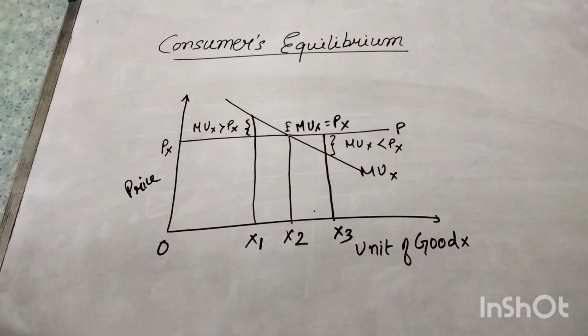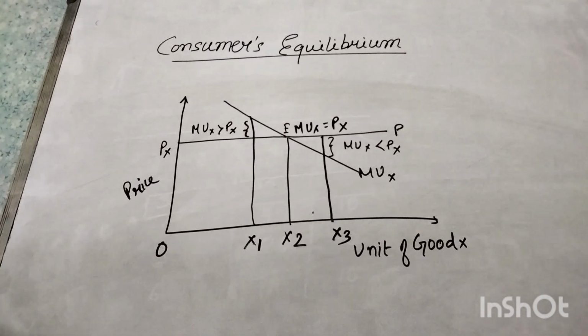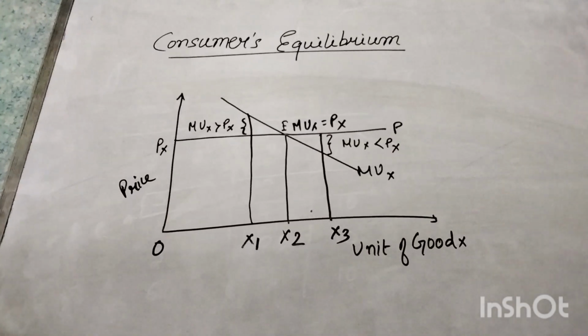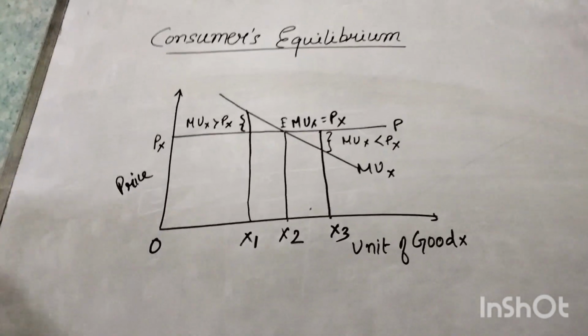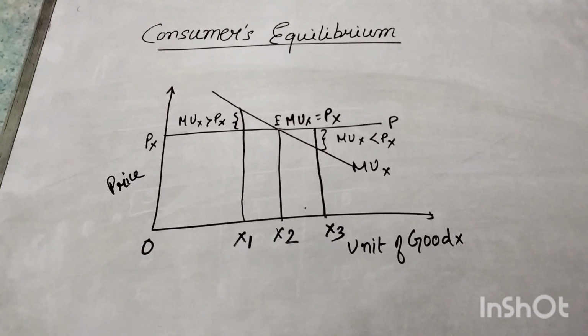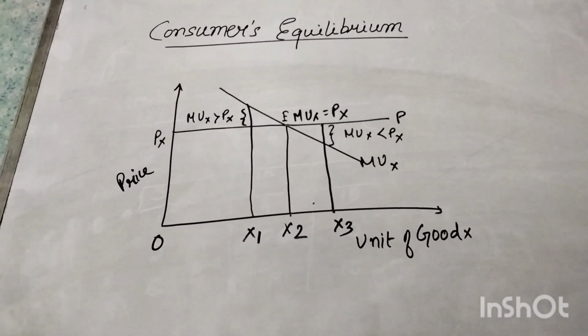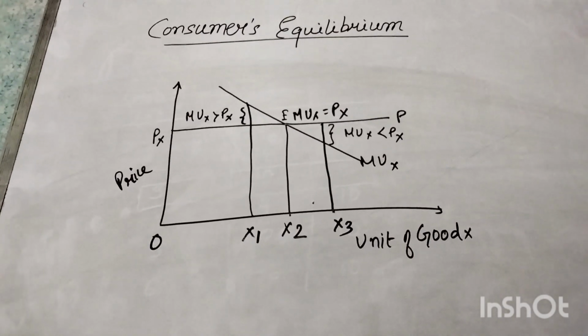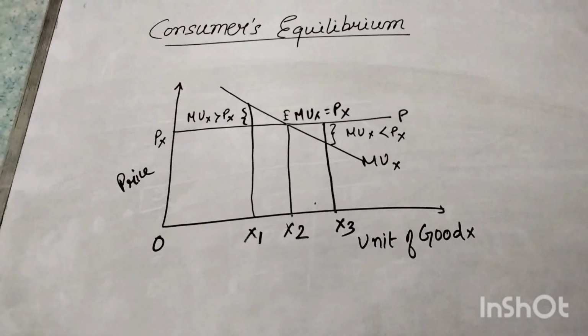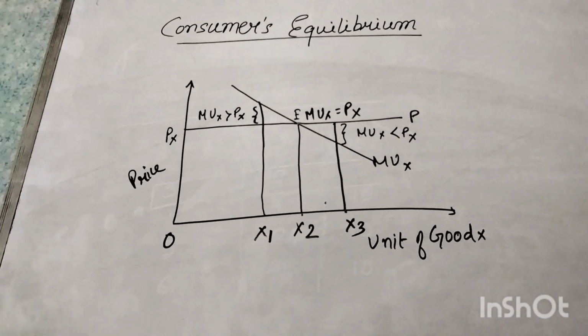And what was it? A rational consumer always wants to increase his total utility, or we can say increase his total satisfaction, by consuming more of a commodity if the price is less than the marginal utility.